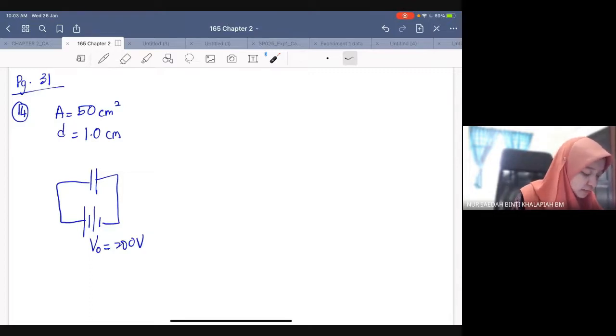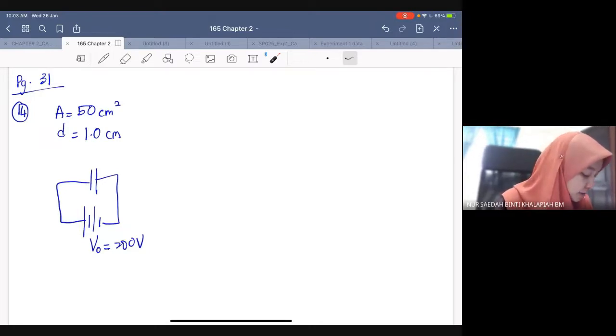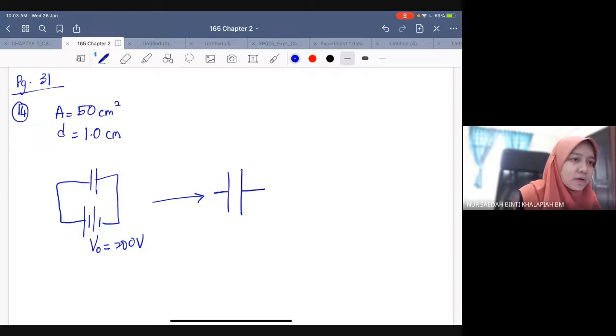So itu yang pertama. Lepas tu dia kata the battery is then disconnected. Okay, so kita tak ada dah battery, kita cuma ada kapasitor sahaja. Lepas tu apa yang kita buat? Kita add on bakelite. Dekat situ lah, madam buat simbol macam tu untuk dielectric.